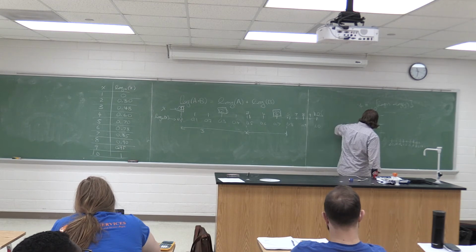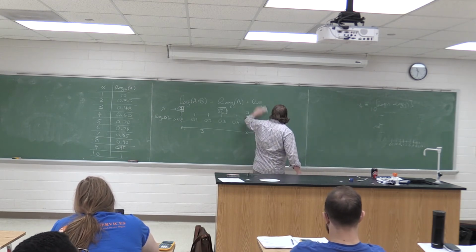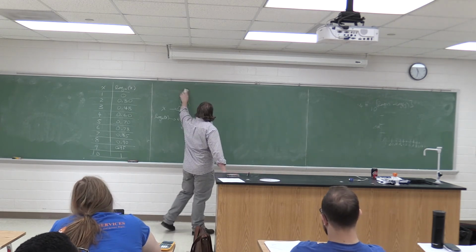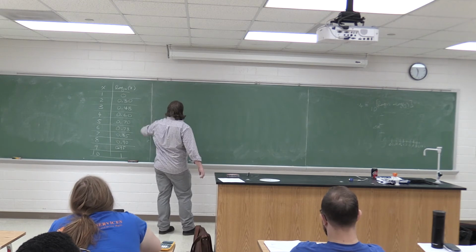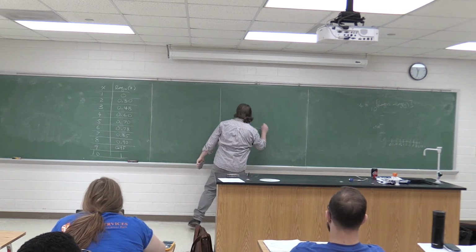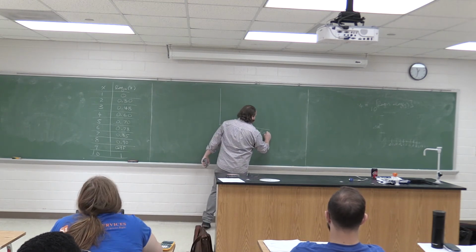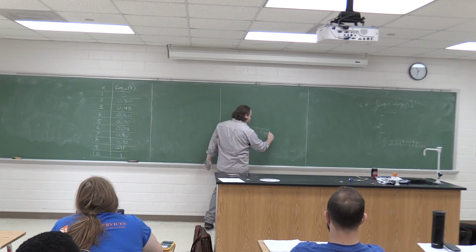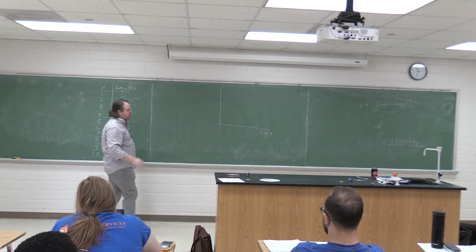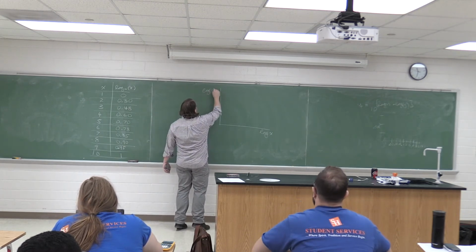One other thing I want to show you about log plots that's very nifty. Imagine that we had a plot like this, where what we were plotting on the horizontal axis was not x, but log x, and what we were plotting on the vertical axis was not y, but log y.